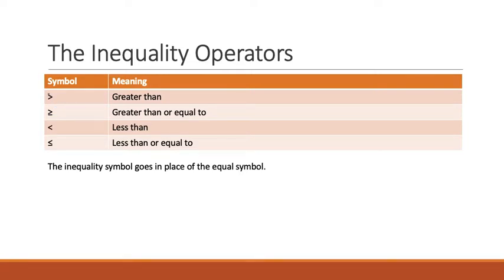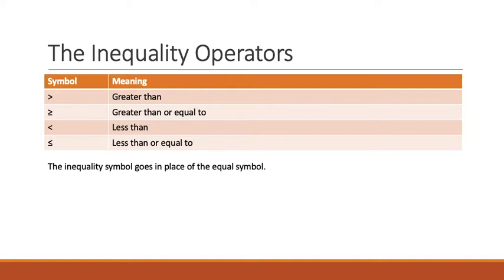This one here is an arrow pointing to the right. That means greater than. An arrow pointing to the right with a little line underneath means greater than or equal to. Pointing to the left, it says less than. And pointing to the left with a bar underneath, less than or equal to. And once again, this symbol goes in place of the equal sign.